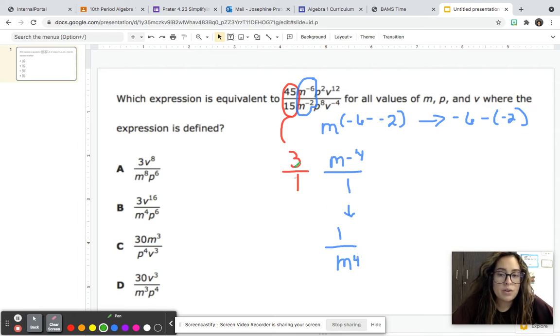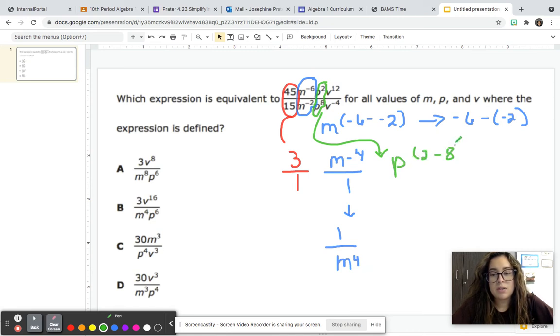Okay, next I'm going to go with the p's. So p squared, we're going to take away these exponents: p to the power of 2 minus 8.